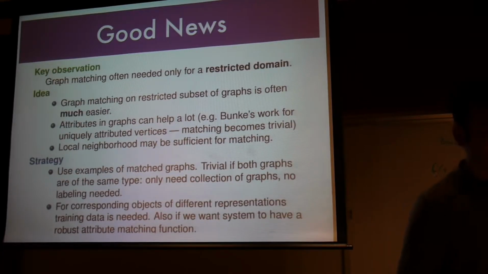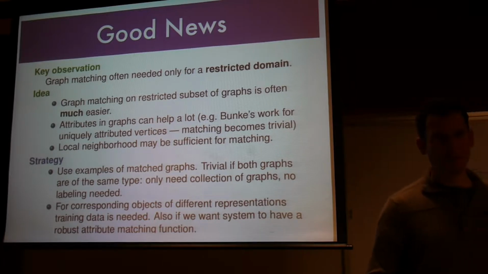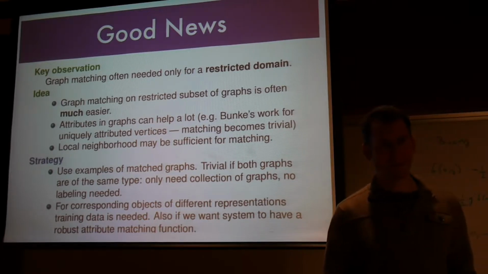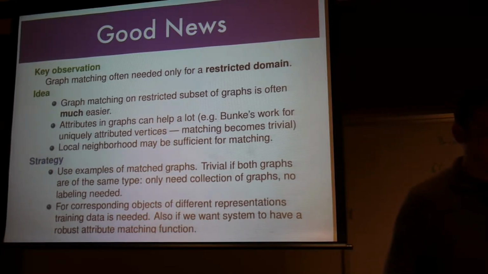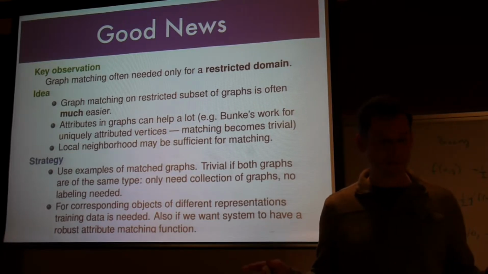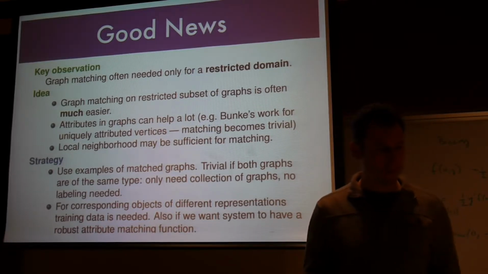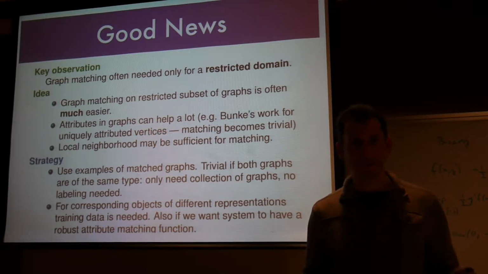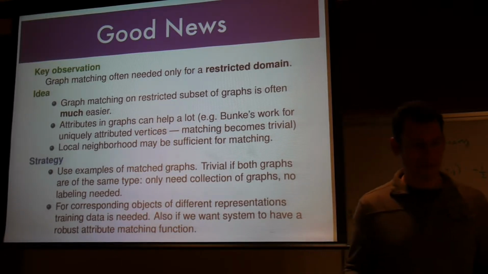Here's the good news. Quite often, graph matching isn't quite as hard as that, because you have attributes on the vertices, and you might only restrict yourself to a certain set of graphs that isn't quite so nasty, because a lot of the hardness comes from symmetries, and in some cases, local neighborhoods might actually do quite well to let you do the matching.